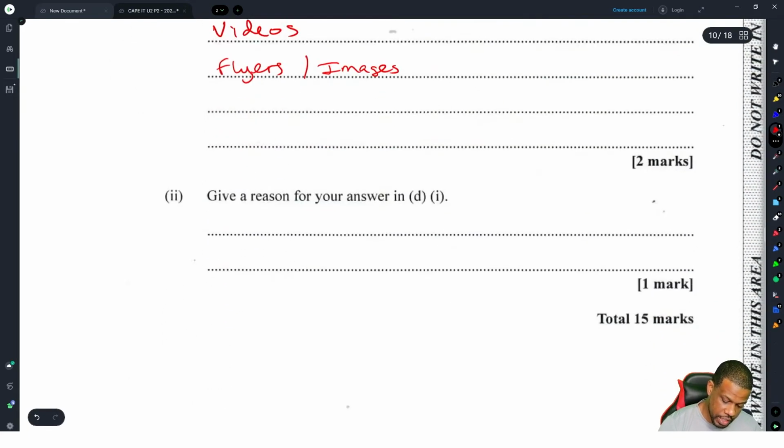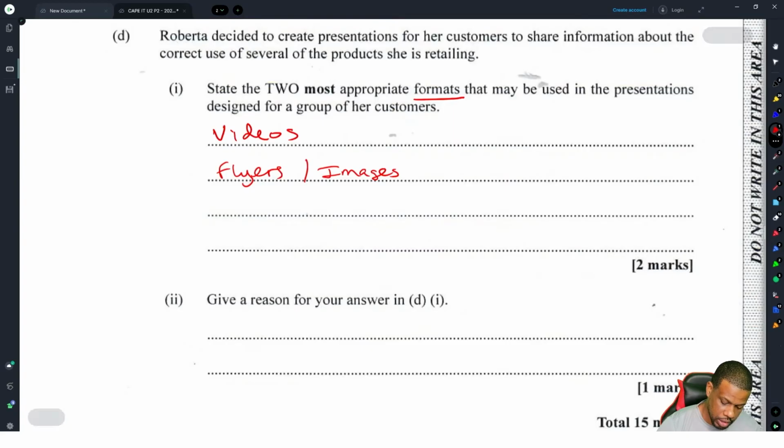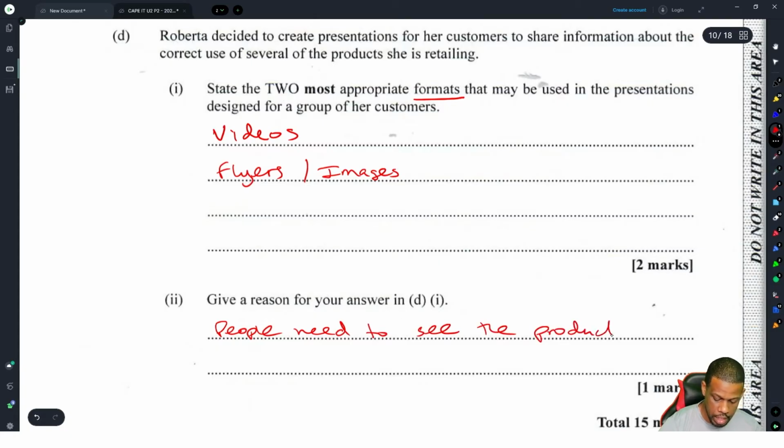Give a reason for your answer. People need to see the product, and videos and images can do that.